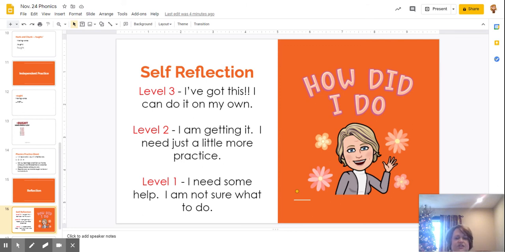I'm not going to hold that against you. But for the most part, you have this sound, you're a 3. Level 2, you're getting it. You still maybe need a little bit more practice. When you see it on a page, you might need a little redirection. That's the 2. And then level 1, if you still need a lot of help with this sound.